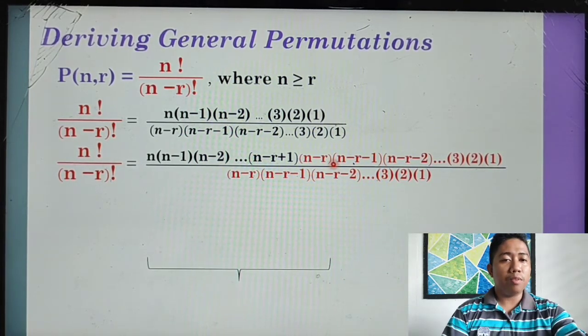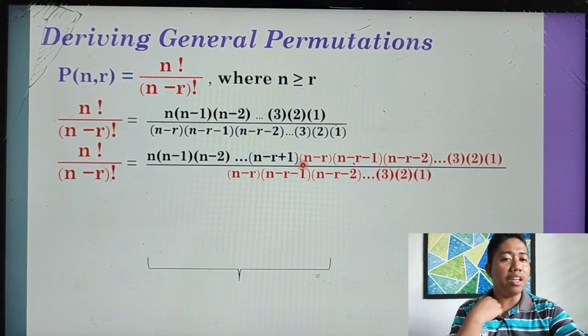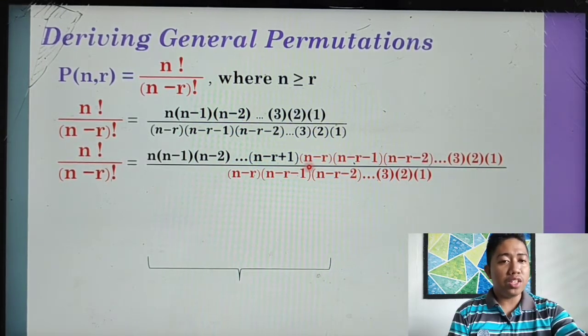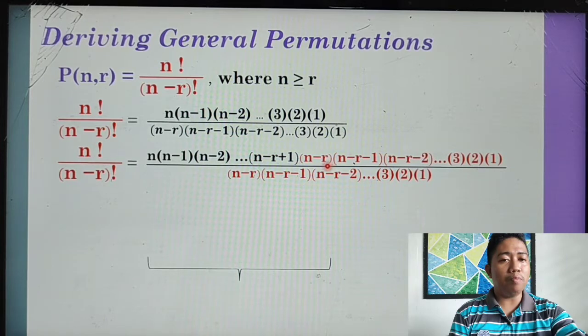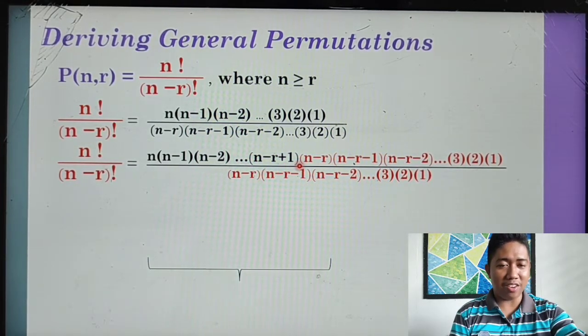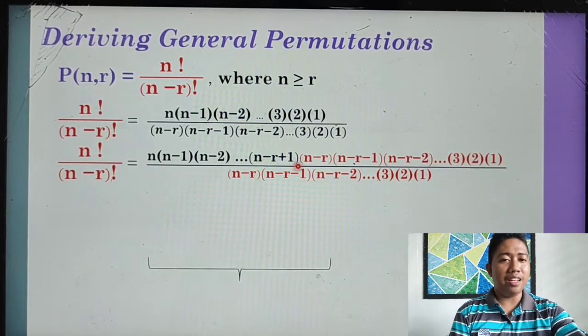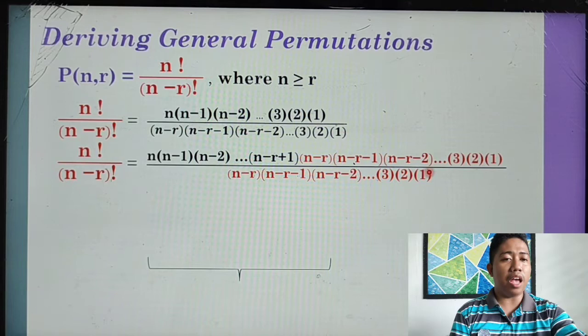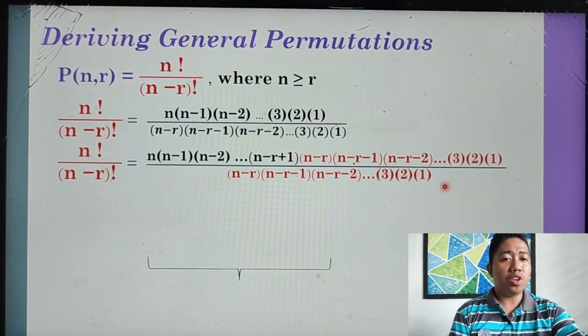But we add, of course, a new factor to connect with the previous factor. So before n minus r would be n minus r plus 1. We add the new factor in order to connect these factors, and then we proceed to 3, 2, 1 as well. So all of the red ones are cancelled out.